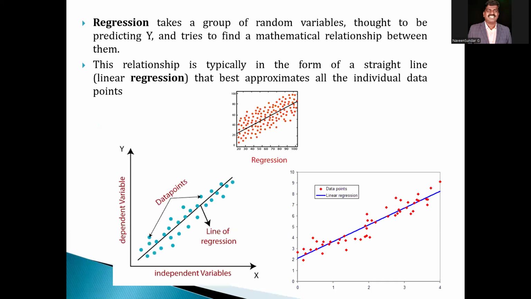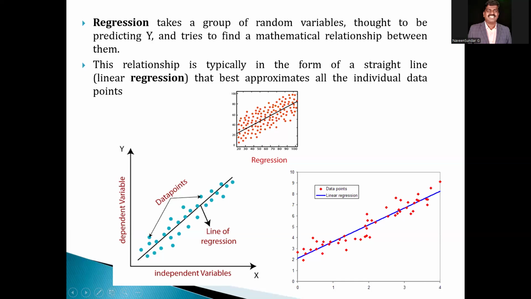Right. So now let us see an example. Regression takes a group of random variables thought to be predicting y, and tries to find a mathematical relationship between them. This relationship is typically in the form of a straight line. Normally, we call it the regression line, a straight line.